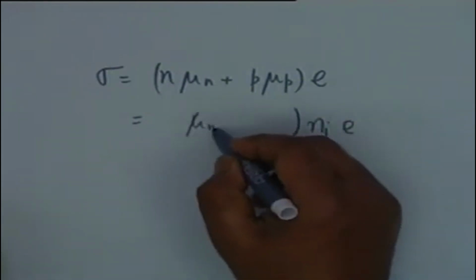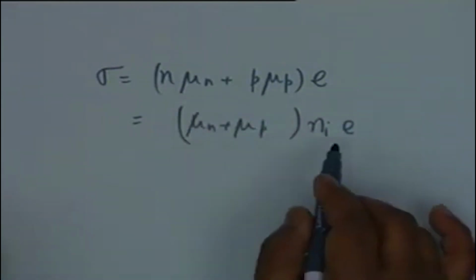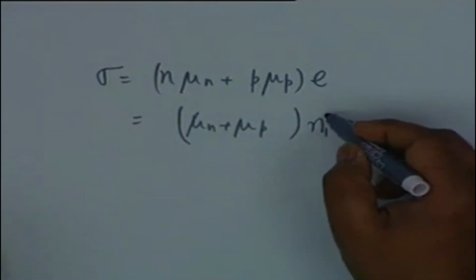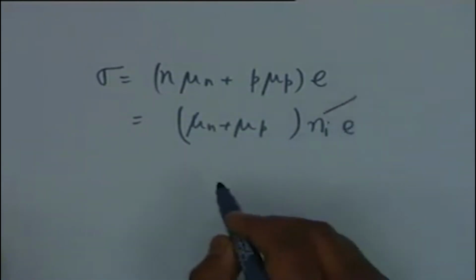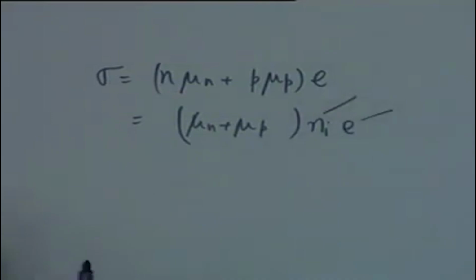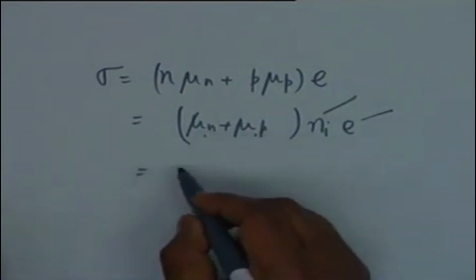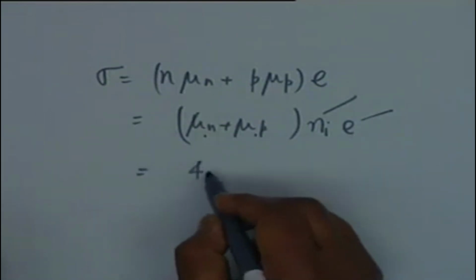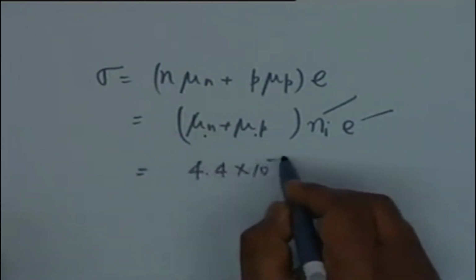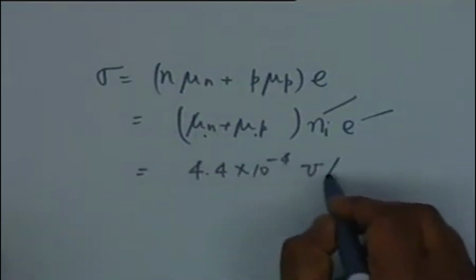So it would be mu n plus mu p times this. If you substitute the values, 1.6 times 10 to the 16 for this, 1.6 times 10 to the minus 19, mu n and mu p, then it calculates out to only 4.4 times 10 to the minus 4 mho per meter.